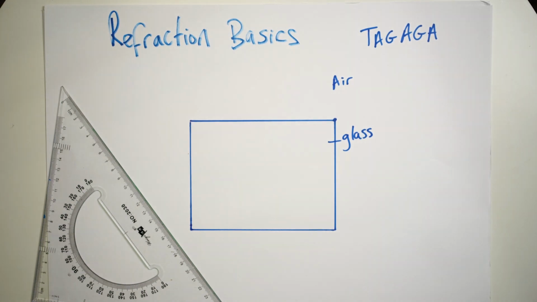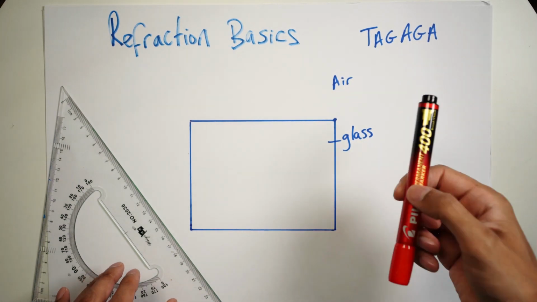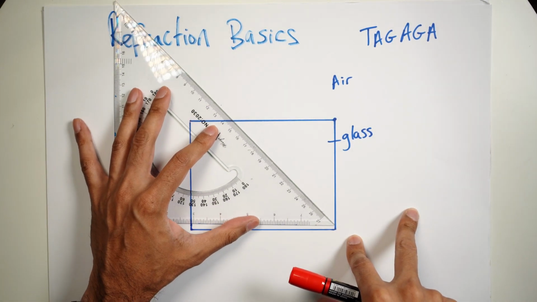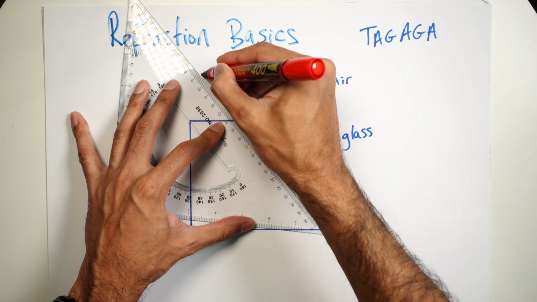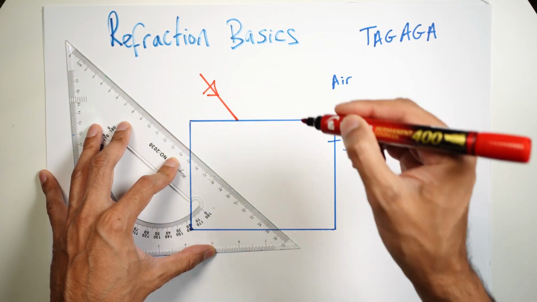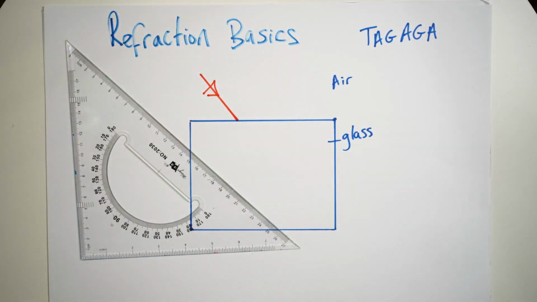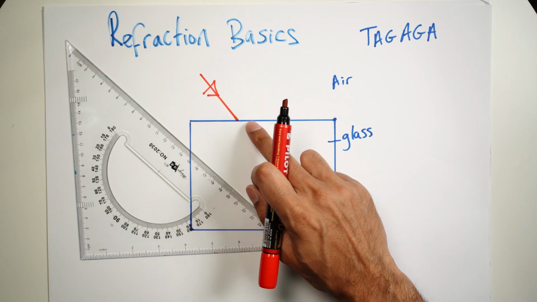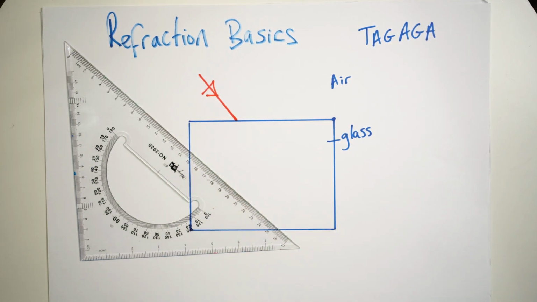So let's draw one of those light beams just to see. I'm just going to pick a random angle, and it's going to be like this. That's the angle that light goes in. Now the first thing that we've got to do is draw something called a normal line. The normal line is a sort of imaginary line perpendicular to the surface of the glass here. So let's do that.